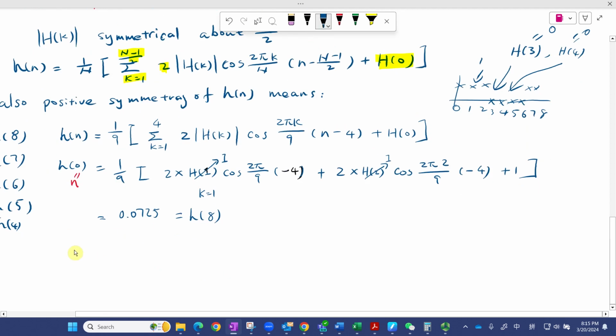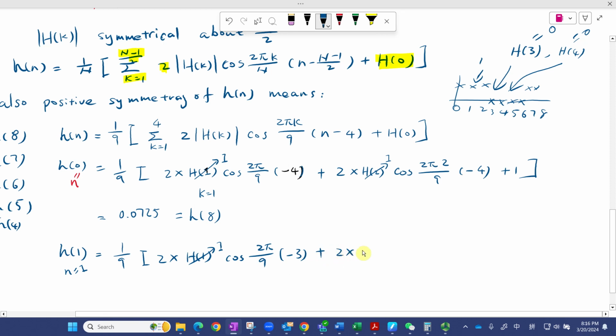Let's do another one so you can see the pattern. So h1, this time n equal to 1. So 1 over 9 again, and then we got this 2 multiplied with H1, which is 1, cosine 2 pi over 9, and here 1 minus 4 is negative 3 instead of negative 4.